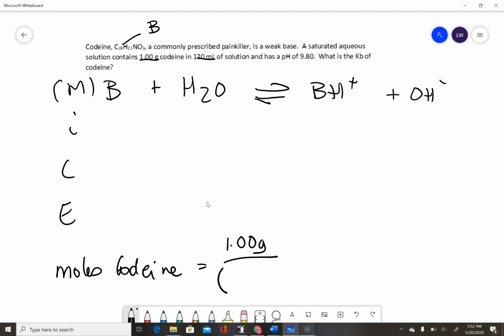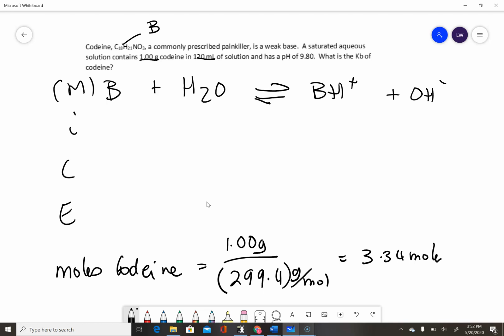I've got 18 times 12.01 for all of the carbons, plus 21 times 1.01 for the hydrogens, plus 14.01 for the nitrogen, and then 3 times 16 for the oxygens. And that ends up being 299.4 grams per mole.